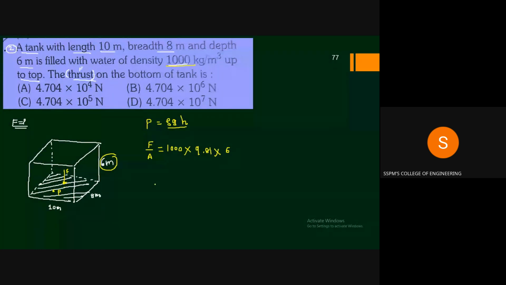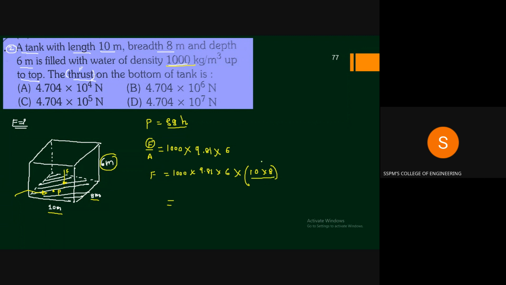Okay, so we want the force value, so we can write here force is equal to 1000 into 9.81 into 6 into the area, so the area will be 10 into 8, this is the surface area at the bottommost point. Okay, now just simplify this equation.